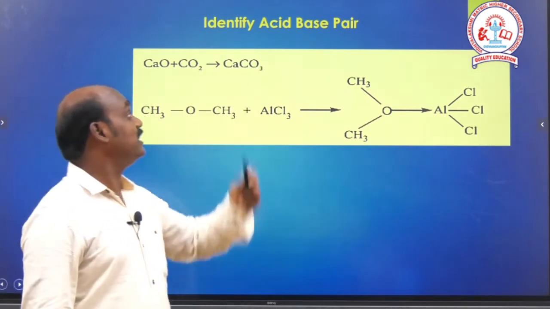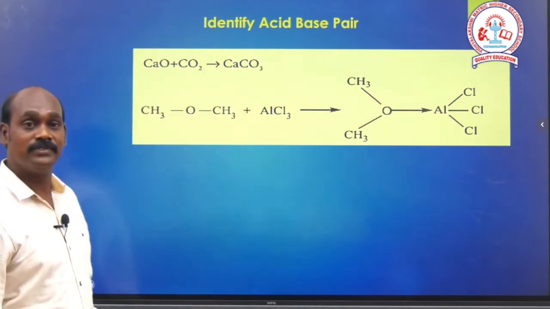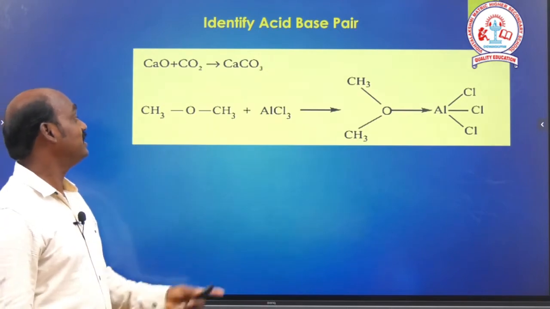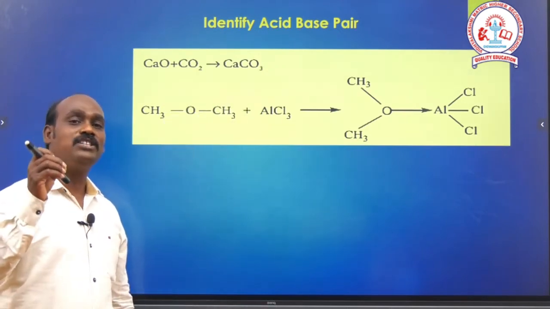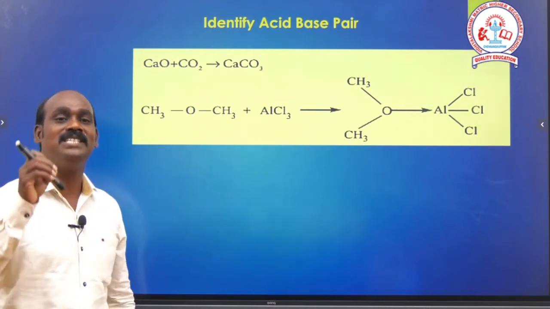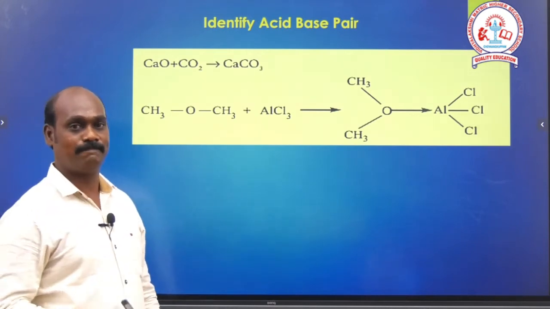See, identify the acid and base pair. Here calcium oxide reacted with carbon dioxide forms calcium carbonate. So in calcium oxide and carbon dioxide, which is acid, which one is base?